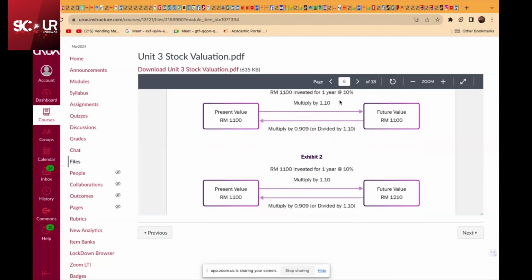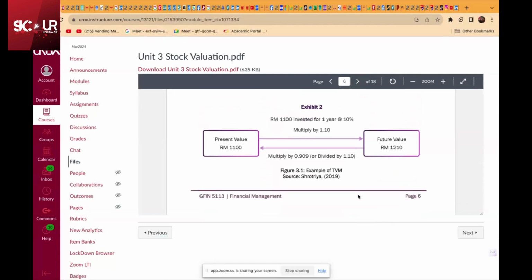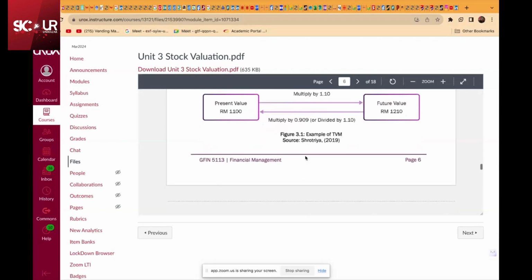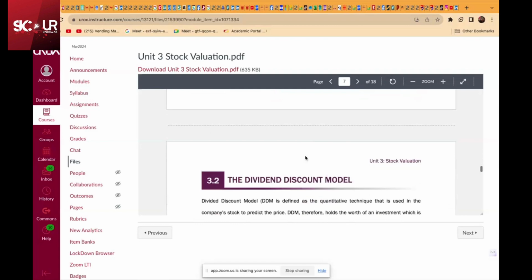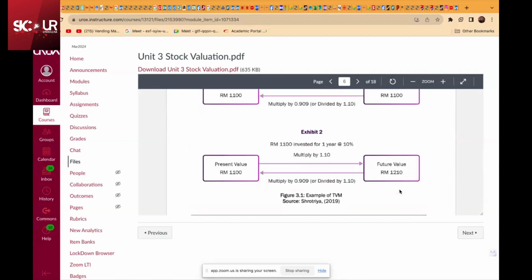But because inflation is at 10%, the amount, when discounted using a discount rate of 0.909, will actually reduce back the amount of the 10% return into the 1100.